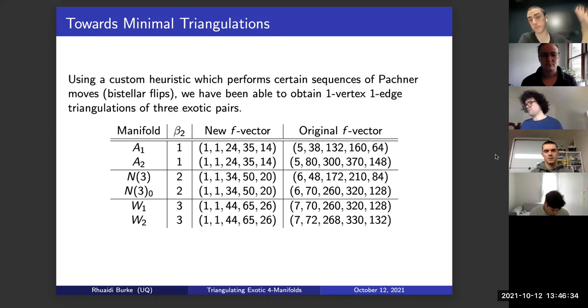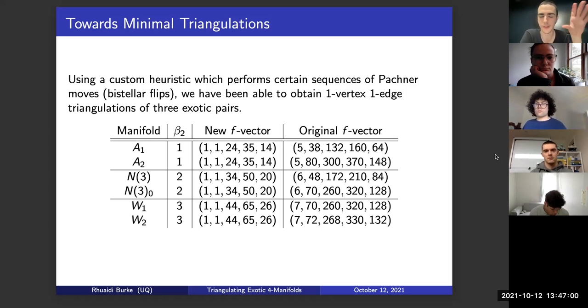I should maybe mention that my supervisor Ben and I didn't really expect we would be able to get down to one vertex and one edge on these things. For some of these, we don't really know. There's no theorem as to why or when you can get down to one edge. I think you should always be able to get down to one vertex, which is another thing we're working on.